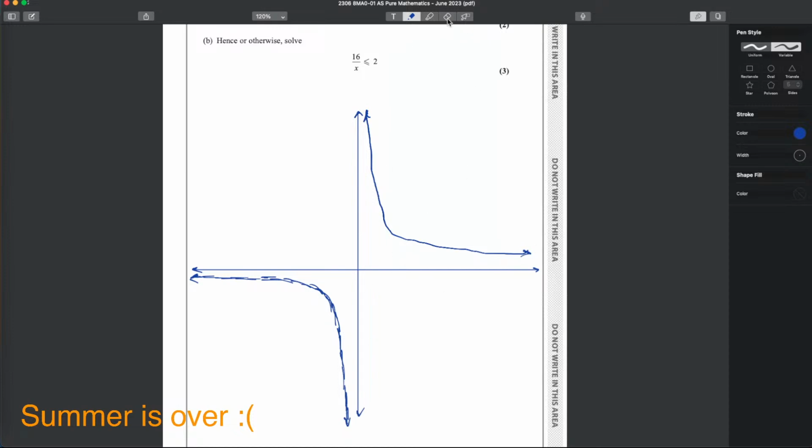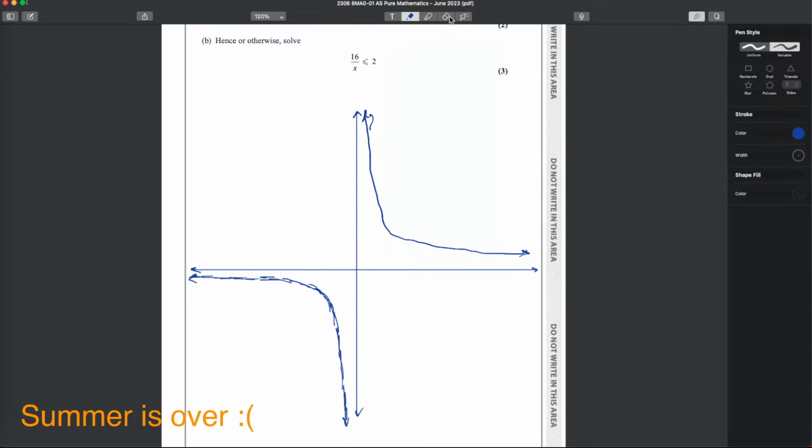Something wrong with it. Why is this being so weird? It's not doing what I want it to do.